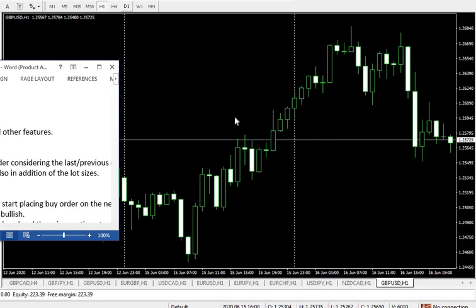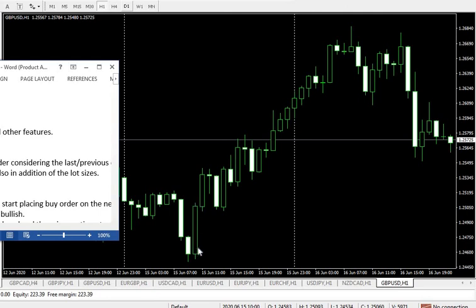Immediately that I put it on, let me say I put it on this candle, and at the close of this candle it is bullish.